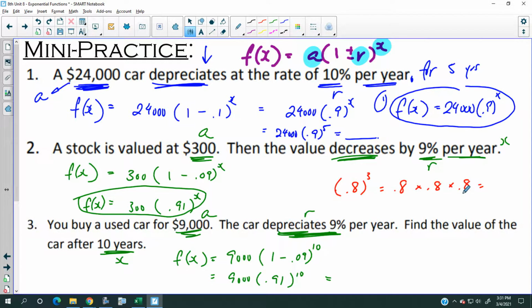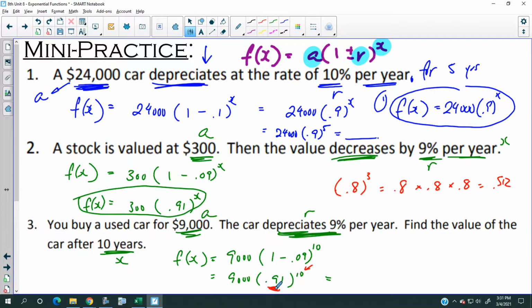Let me show you just for effect. 0.512, right? So that's why it's a decay, because the more times you repeat it. Imagine it's like a washing machine. The more times you spin the wheel, 10 times you spin the wheel, this number is going to get really, really small, really quick.